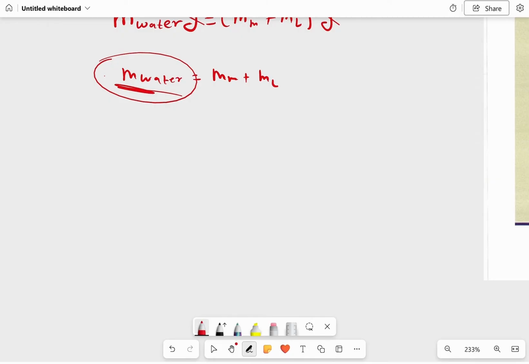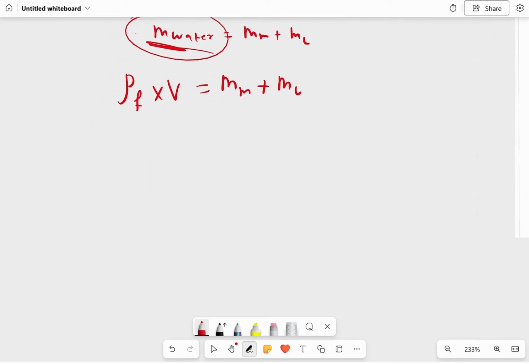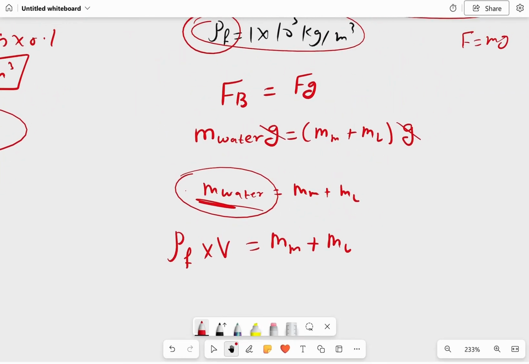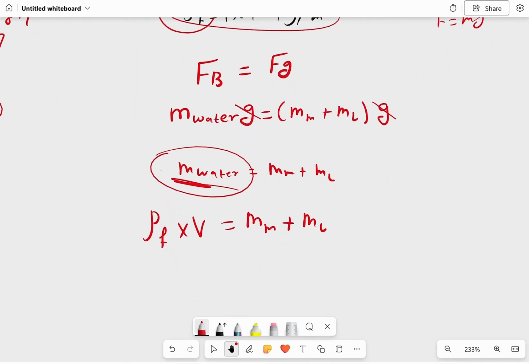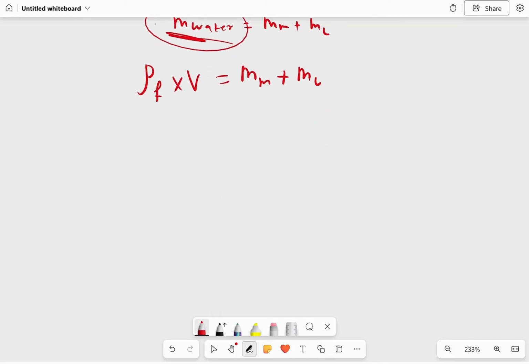So you will have density multiplied by volume equal to M, which is mass of the mattress, plus ML, which is mass of the load. Now just put in the givens and you will find the mass of the load.